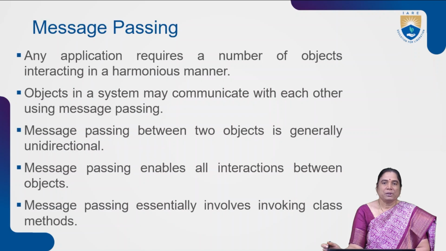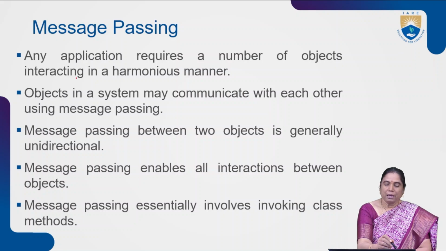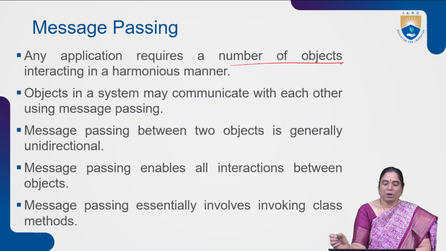The next principle is message passing. In the object-oriented paradigm, a variety of objects are involved. Those objects must communicate with the message passing technique. Any application requires a number of objects that interact in a harmonious manner.